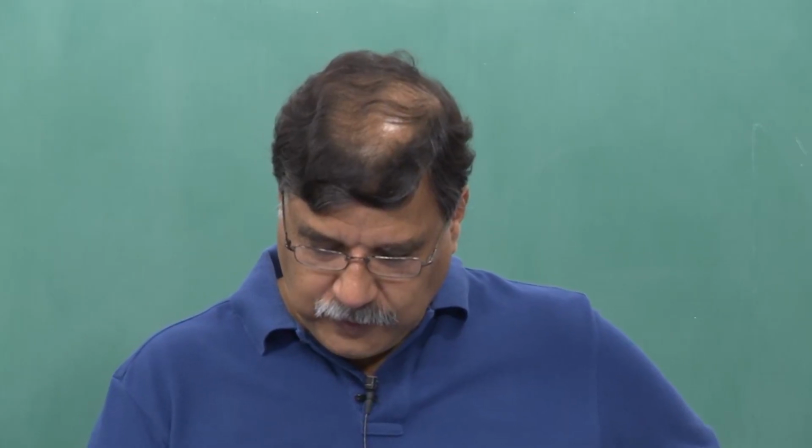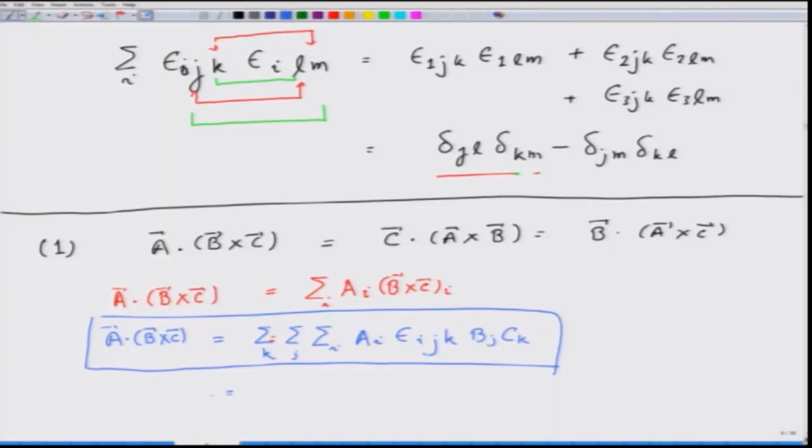Now, let us see what we do next. What I can do is change the order of summation. Let me write this in the form of summation over j, summation over k. I can sum in any order I like; this is commutative. B_j epsilon_ijk A_i C_k.